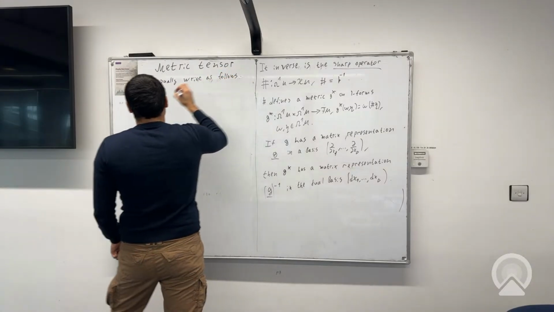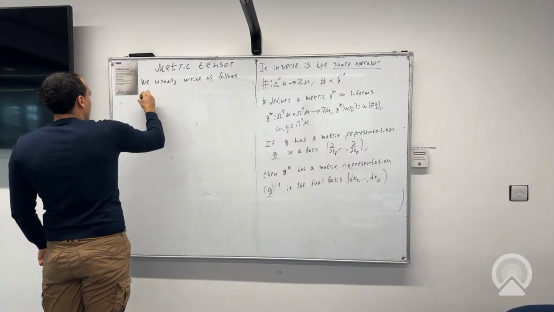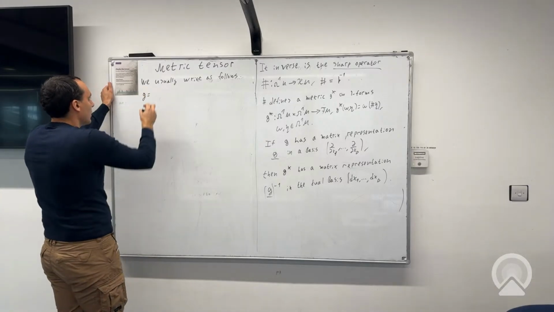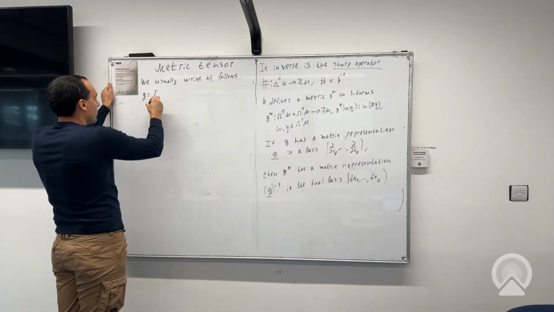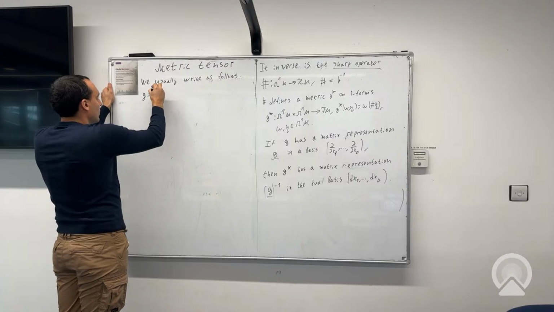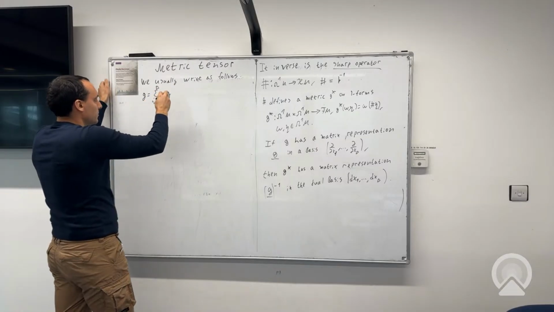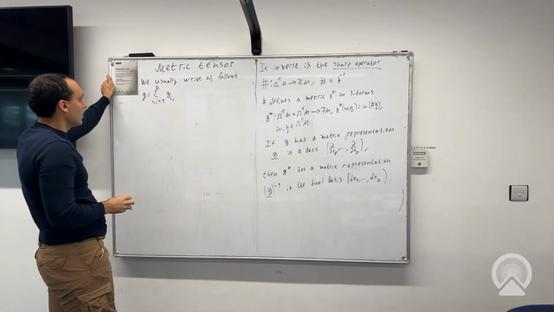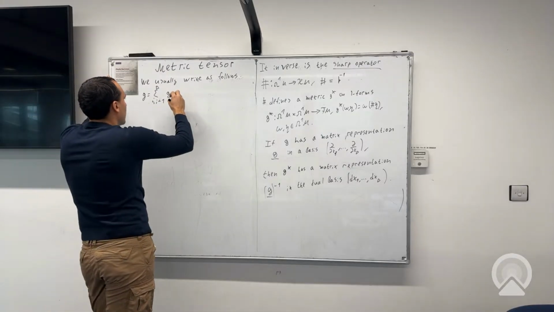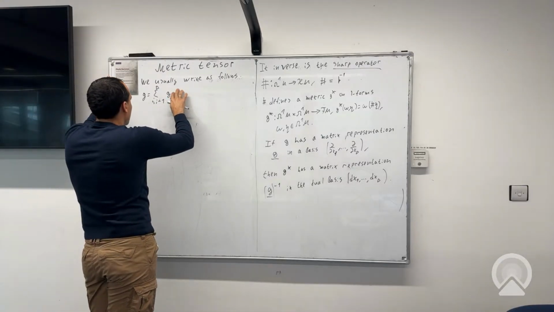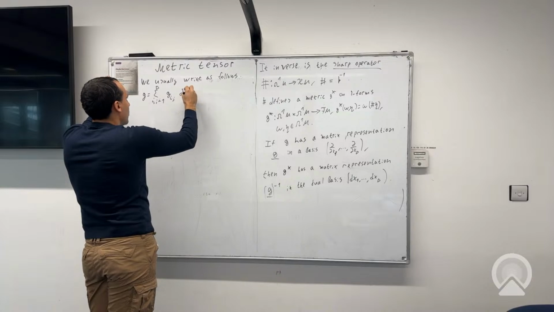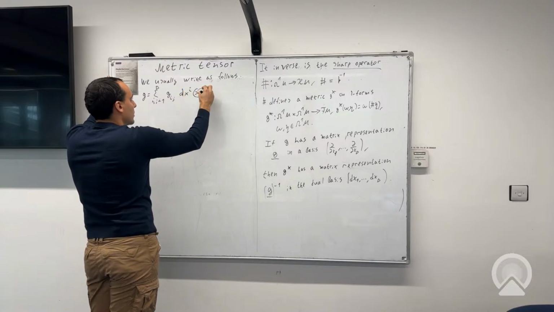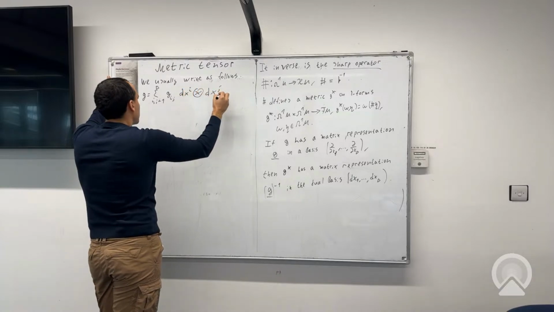So g is the sum, i and j from 1 to d, of g_ij dx^i tensor product dx^j.